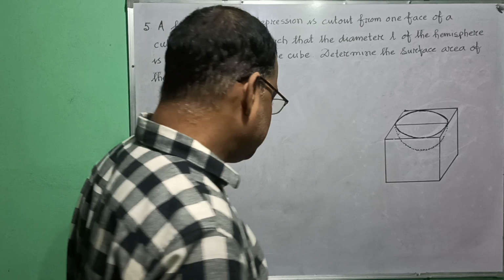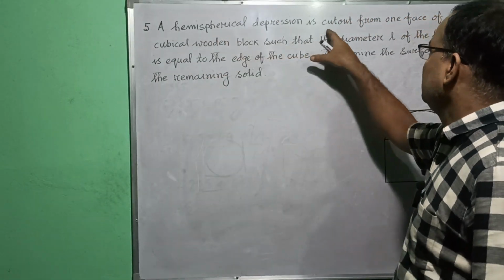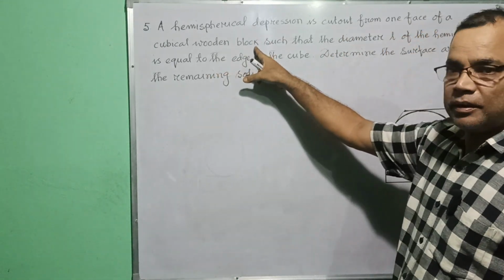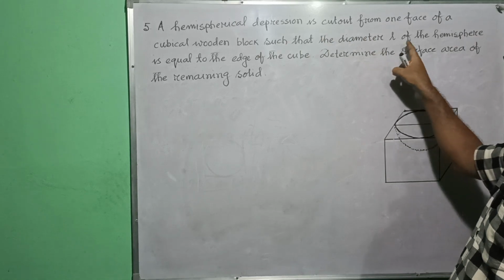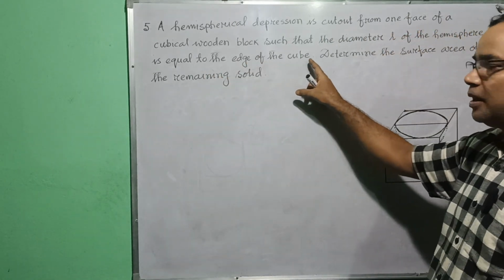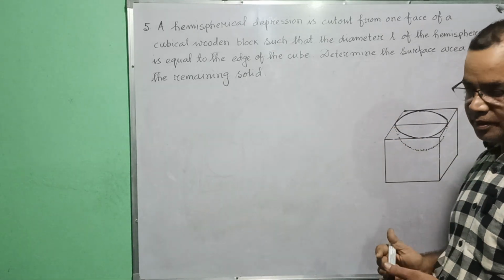In question number 5, it is given that a hemispherical depression is cut out from one face of a cubical wooden block such that the diameter L of the hemisphere is equal to the edge of the cube. Determine the surface area of the remaining solid.